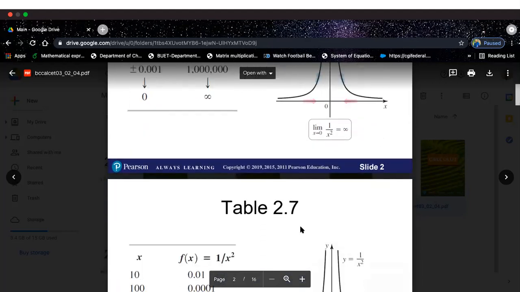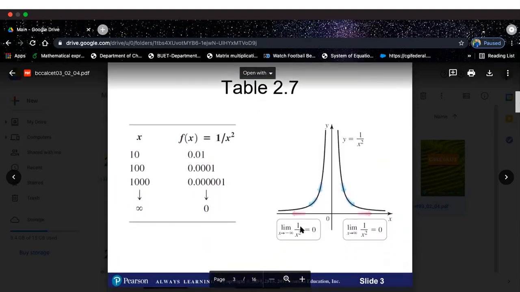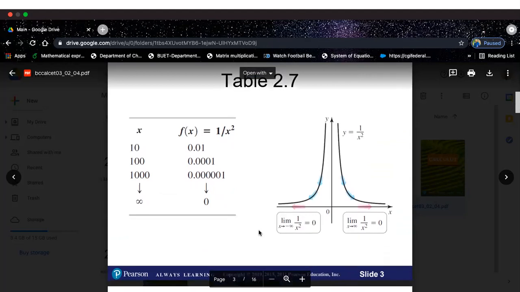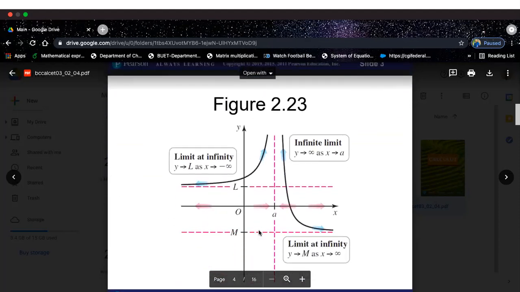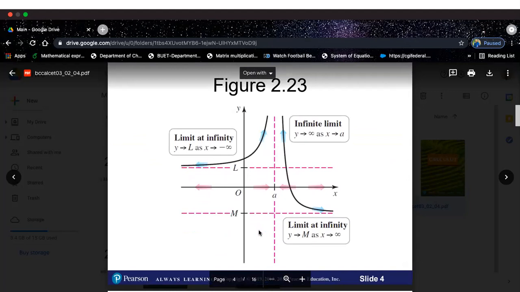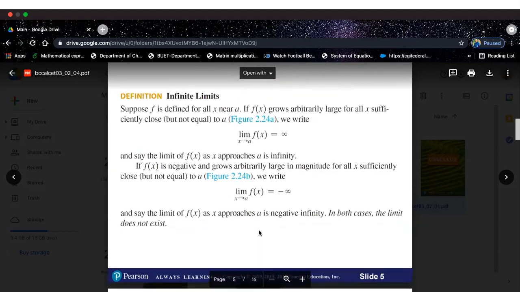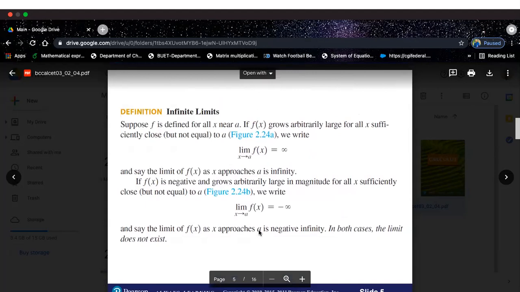Okay, let's move on then. Let's try and see the definition first, and then we'll come back to the graph.